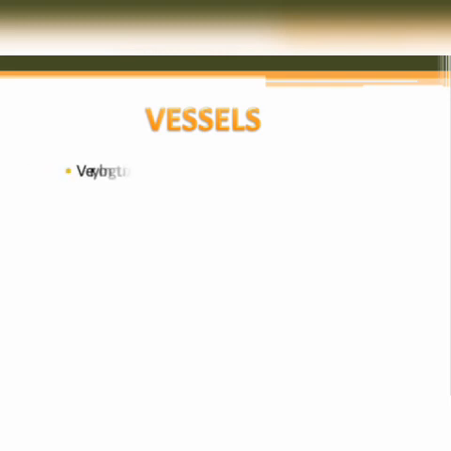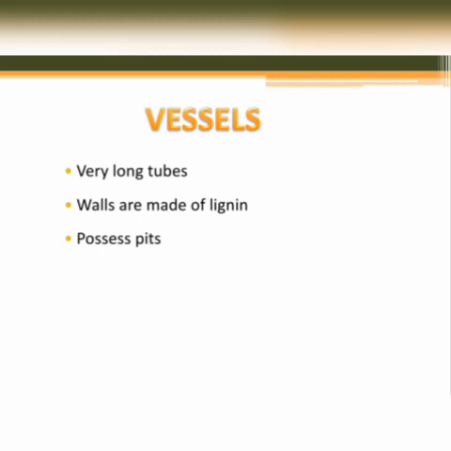The next element which we will discuss is vessels. These are very long tubes, and here the wall is also made up of lignin. These structures are seen to possess pits.